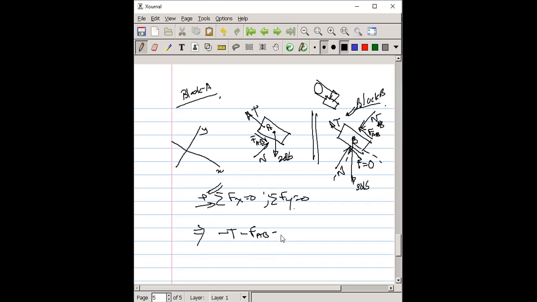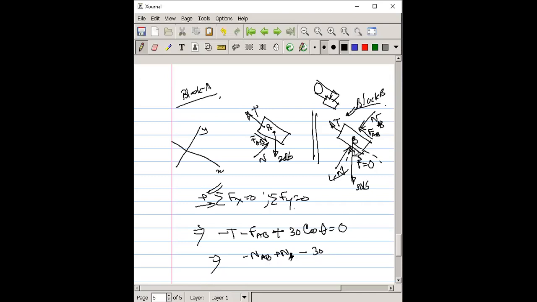So plus 30 cos theta, which we have to find out. And another thing is minus N_AB plus N, which is this one, and minus 30.